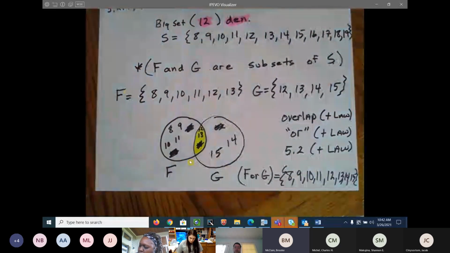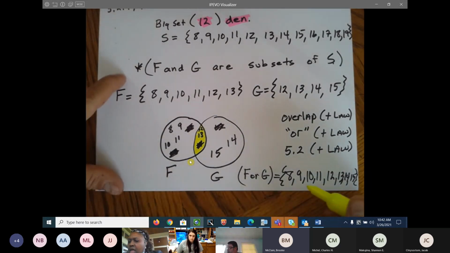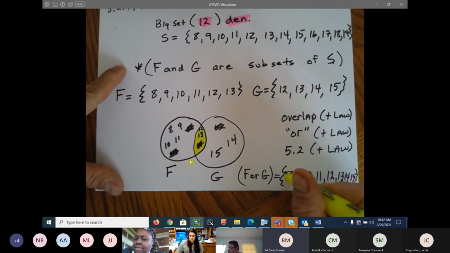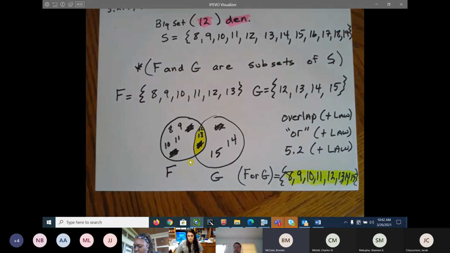12 is your denominator. So how many numbers do you have in F or G? 1, 2, 3, 4, 5, 6, 7, 8.